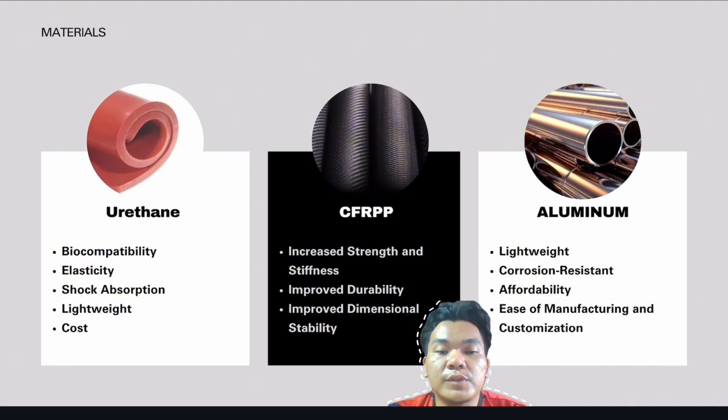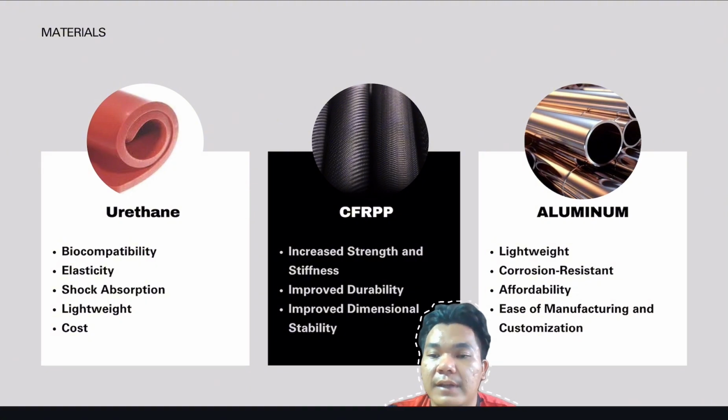And aluminium also naturally forms a protective oxide layer, which will prevent corrosion and is corrosion resistant in many environmental situations. Next, aluminium is generally more affordable than other high performance materials like titanium or carbon fiber, and this is a much more cost effective option rather than choosing carbon fiber or titanium as our pylon.